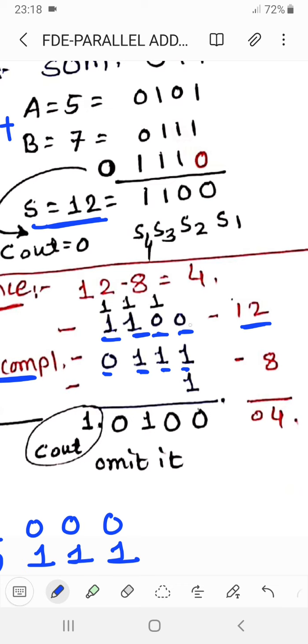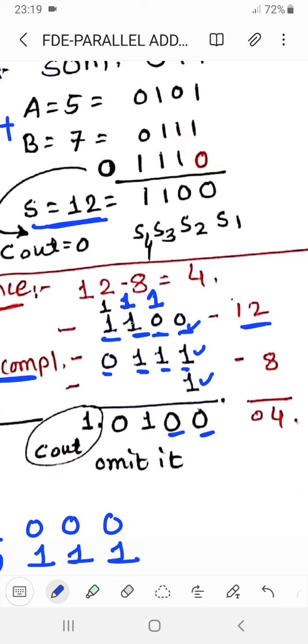So see here, this is 0, this is 1, this is 1. So what happened? 1 plus 1 is 0, and here there is a 1 carry. So 1 plus 0, 1 plus 1, so again it is 0 with the 1 carry.